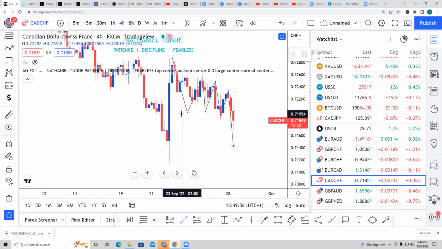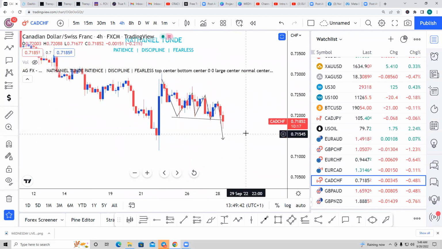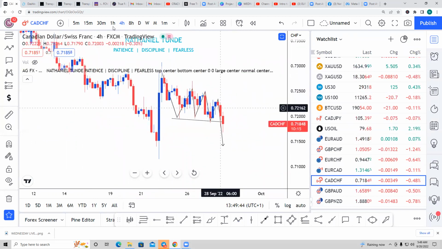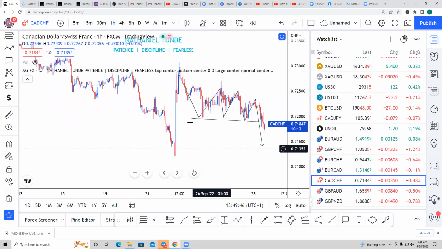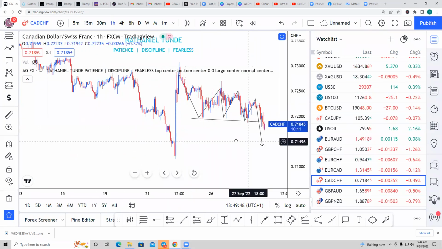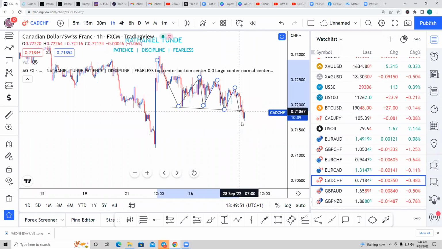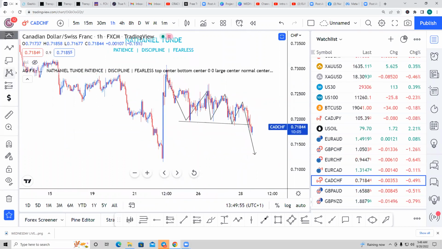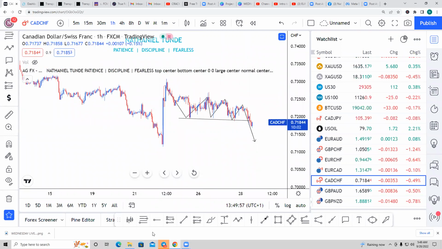Okay, that is a sign that the corrective structure is finishing, it's ending the corrective structure. Can you see equal low, equal low, equal low? Right now, we want a break of equal low to this level, preferably 78 in this circumstance.